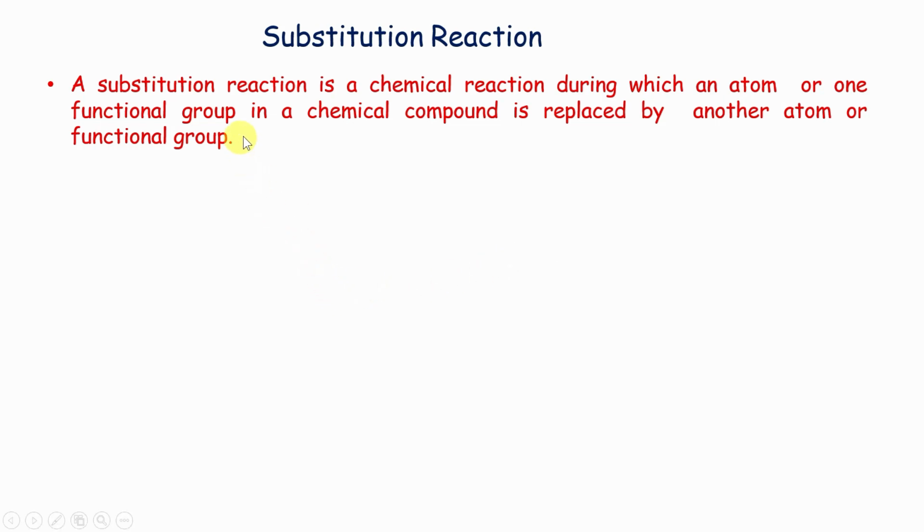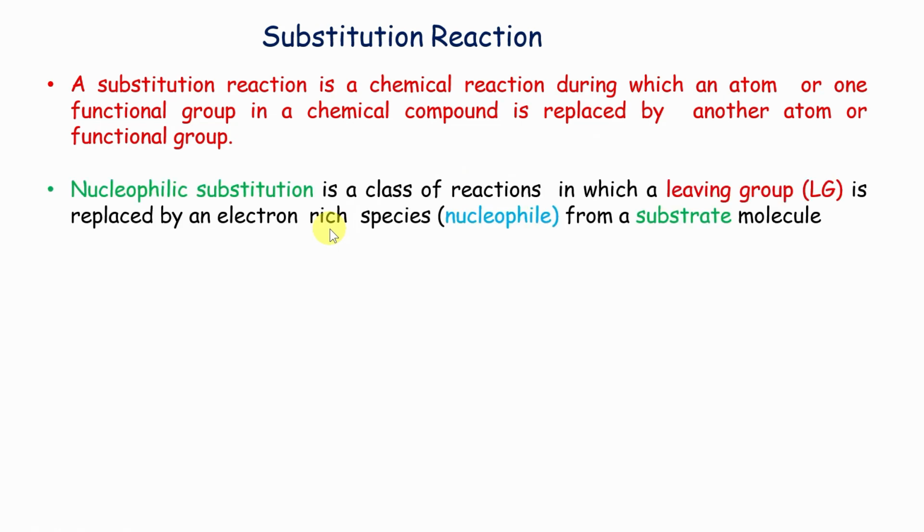You know, a substitution reaction is a chemical reaction during which an atom or one functional group in a chemical compound, usually the substrate molecule, is replaced by another atom or functional group.